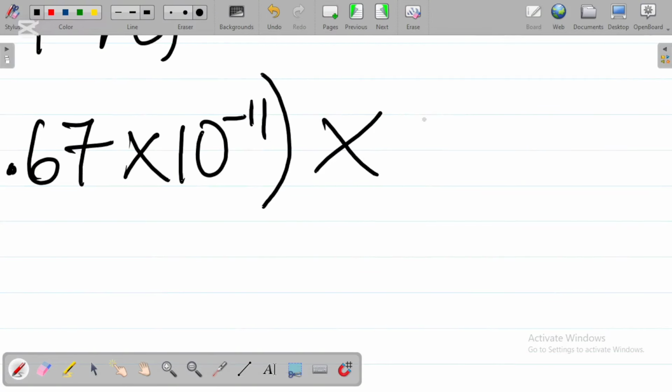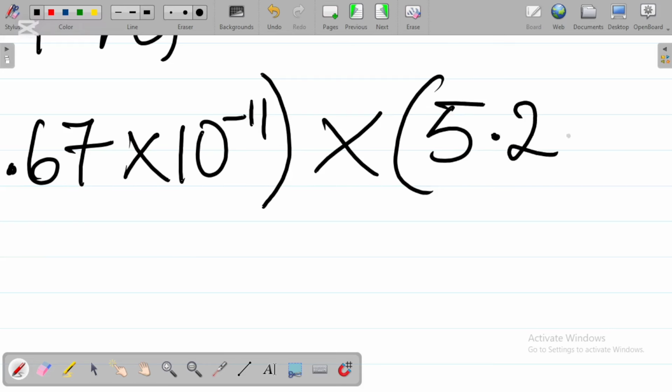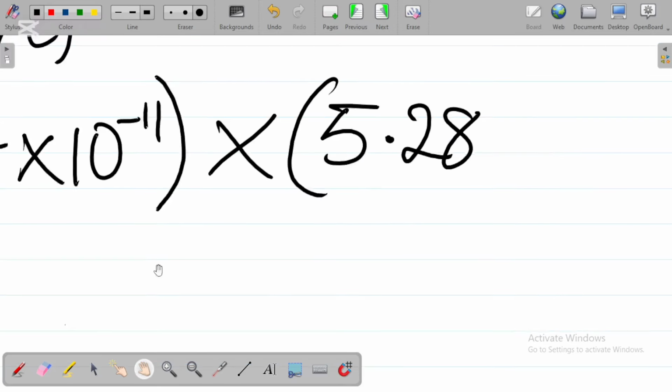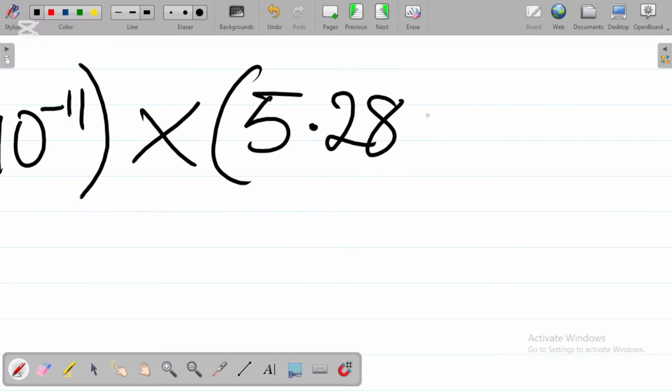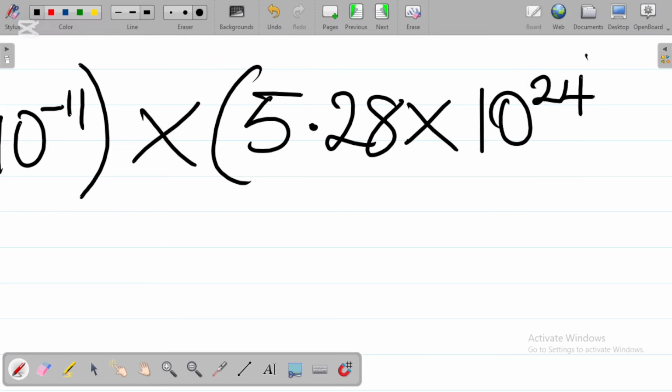And then multiplied by the mass of the earth, which is 5.28 multiplied by 10 raised to power 24.